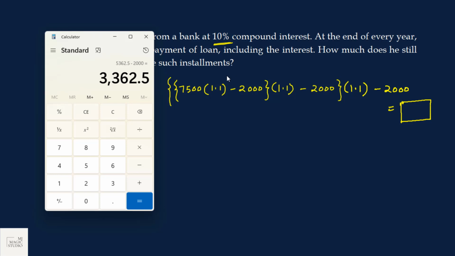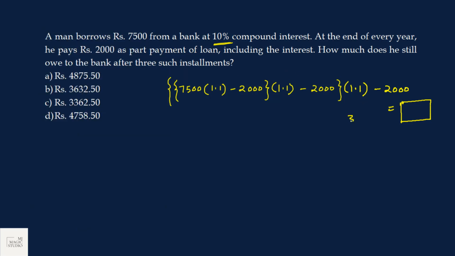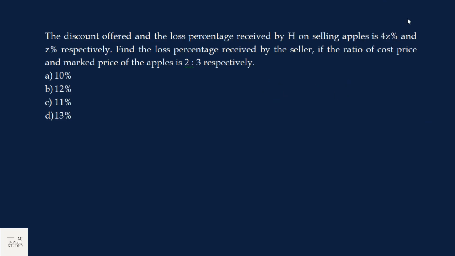That is 3362.50. How much does he still owe to the bank after 3 such installments? First installment, second installment, third installment. 3362.50, that is option C, remains due. Pause the session, try to solve it yourself.